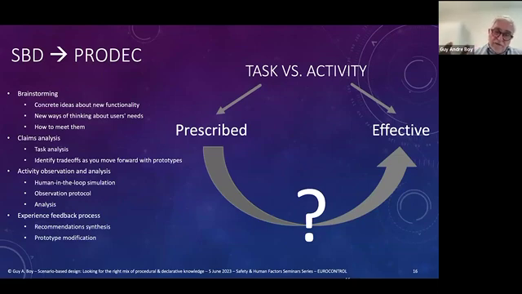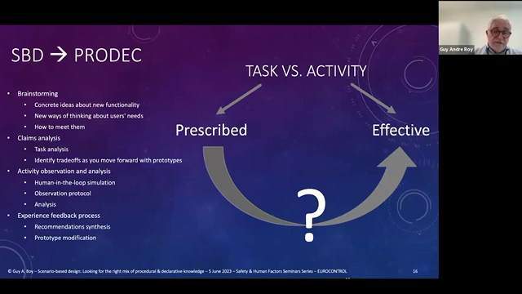So you start from the real world, and then you talk with the experts, air traffic controllers in this case, and then you do a claim analysis, task analysis, and try to identify trade-offs as you move forward with prototypes.